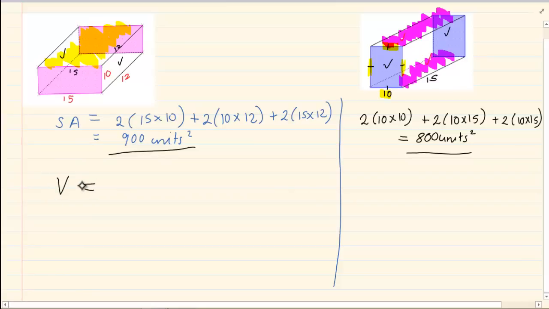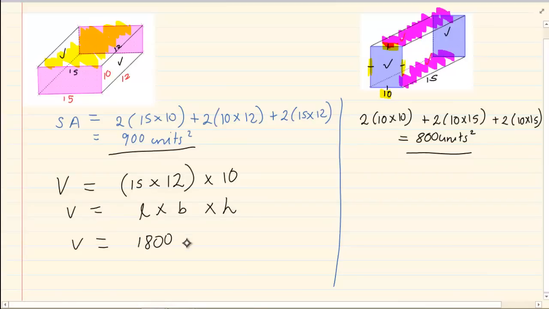Volume is always the area of the base times the perpendicular height. Now if you look at this base, it's going to be 15 times 12, and the height is 10. Now look, 15 times 12 is exactly the area of the base. So it is length times breadth times height, which will give me 1800 units cubed.